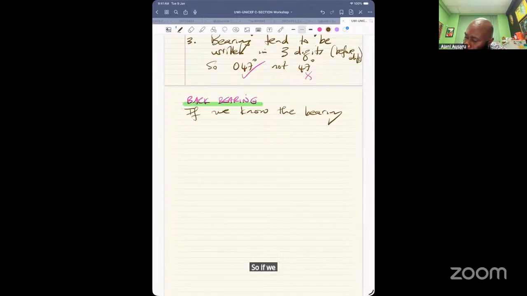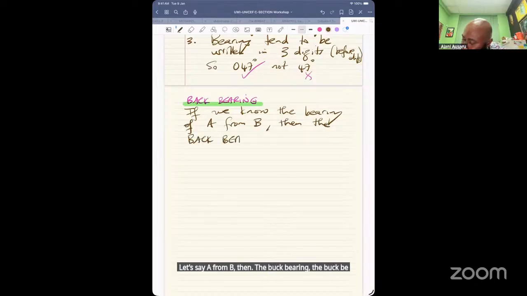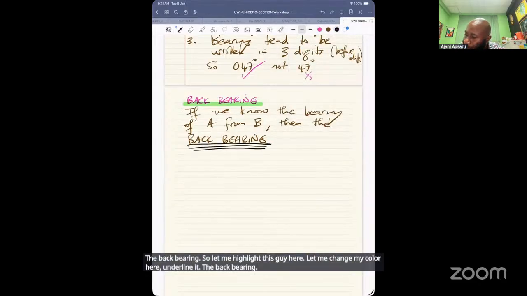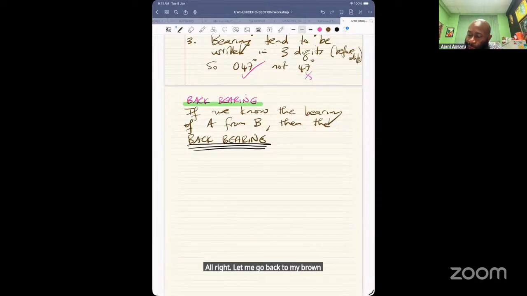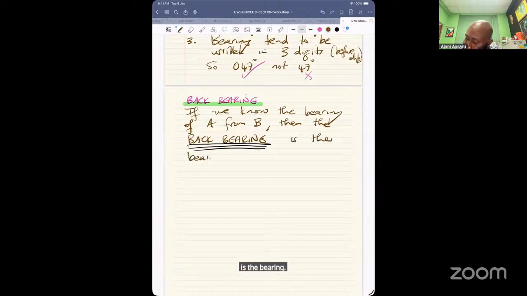So if we know the bearing of A from B, then the back bearing is the bearing to get back to B from A. It's very simple.